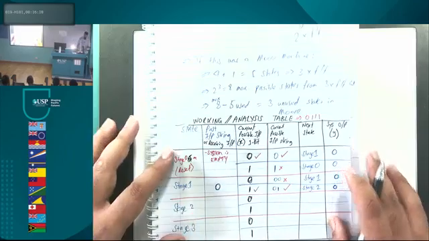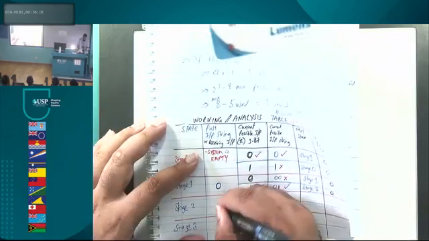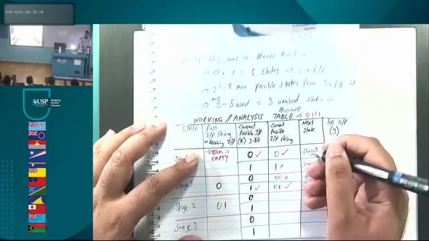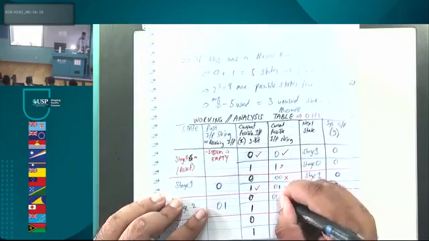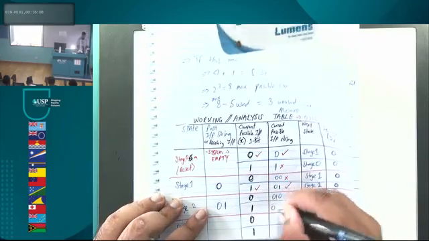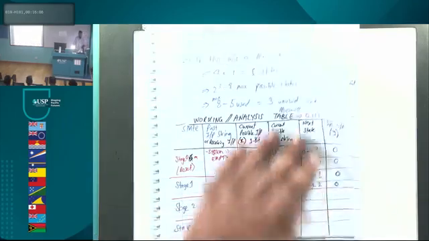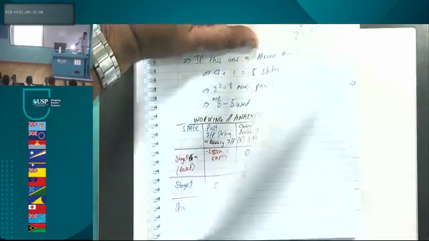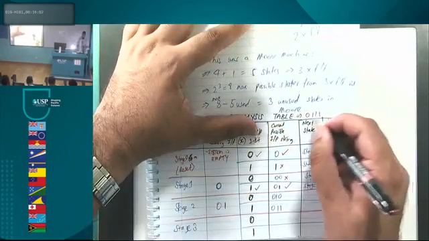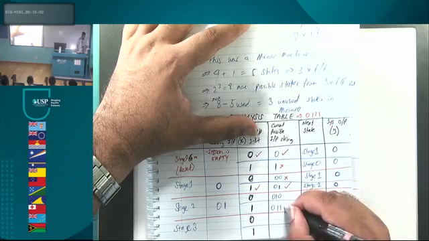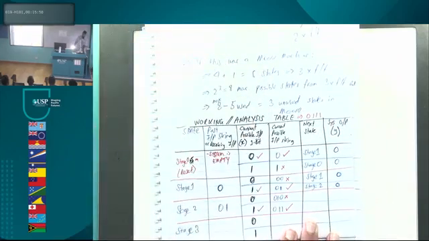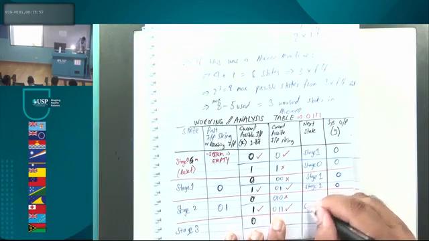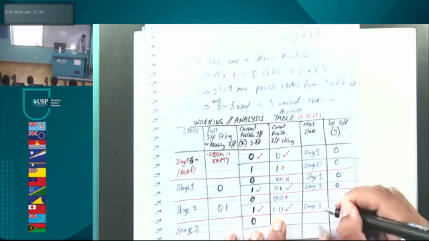Now, what qualified? 0, 1. So we write down 0, 1 over here, and that comes down here. Now 0, 1 marries a 0, becomes 0, 1, 0. 0, 1 marries a 1, becomes 0, 1, 1. Now let's have a look at this. Is 0, 1, 1 being used in our sequence? Yes, 0, 1, 1 is in. This is out, so this is in. Because this one is in, he goes to stage 3 now.